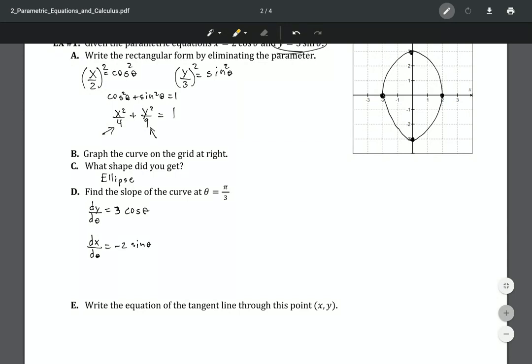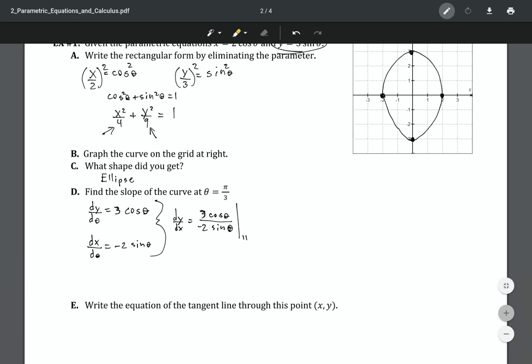All right, so again, to find the slope of the curve at theta is equal to pi over 3, now I have to figure out what dy/dx is. Well, dy/dx is 3 cosine of theta over negative 2 sine of theta, and I have to figure that out.